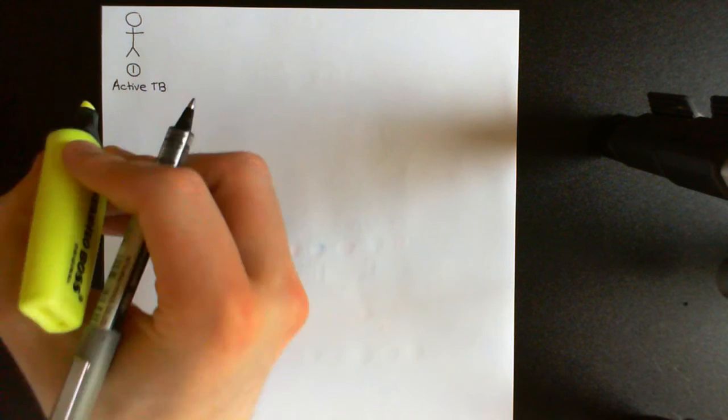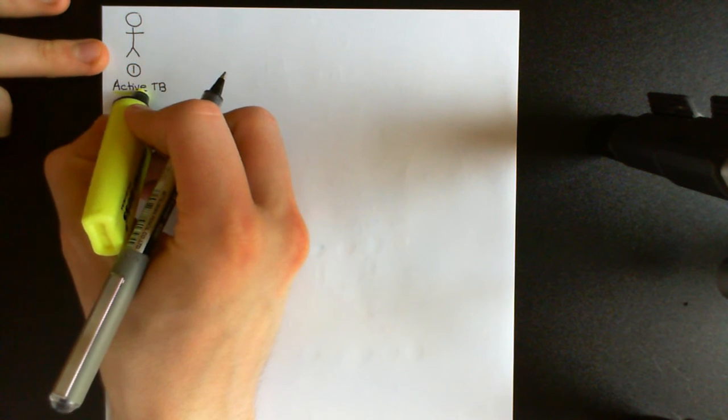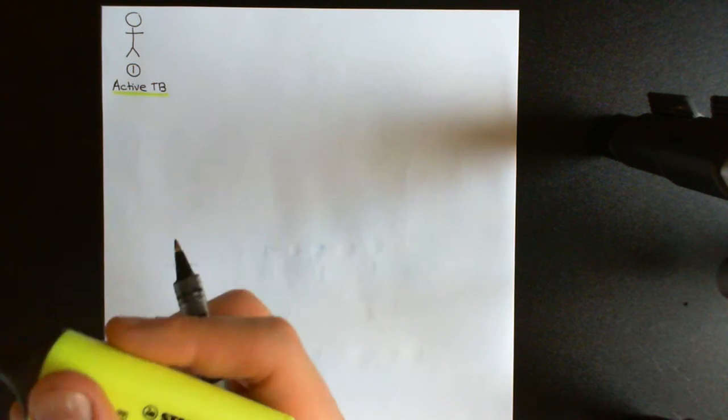Okay, now when you have an active TB infection, you're going to be coughing a lot. That's one of the major symptoms of an active TB infection in the lung, that it's going to be irritating the lung and that will trigger you to cough. And you'll cough up a lot of sputum which will contain Mycobacterium tuberculosis bacterial cells.